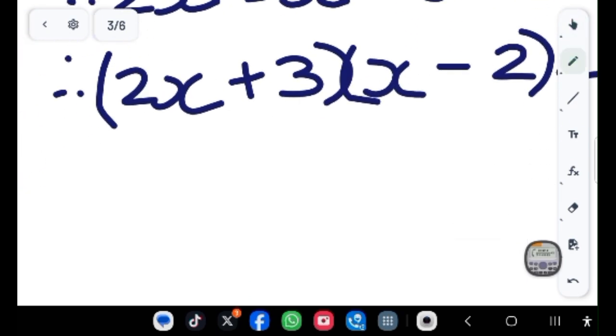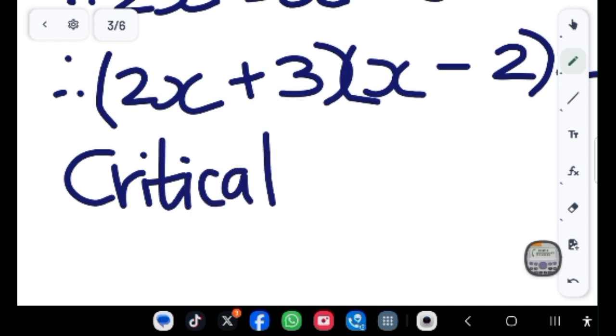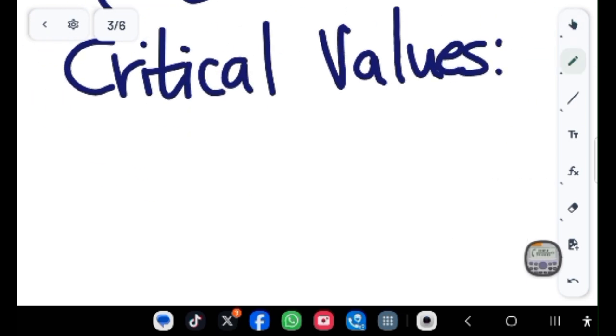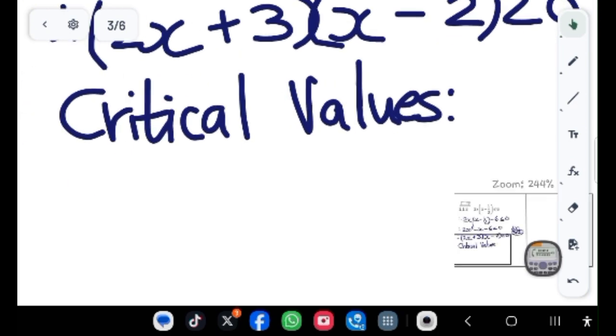So now the critical values, remember this is an inequality, not an equation, so we're not looking for x the equation way.